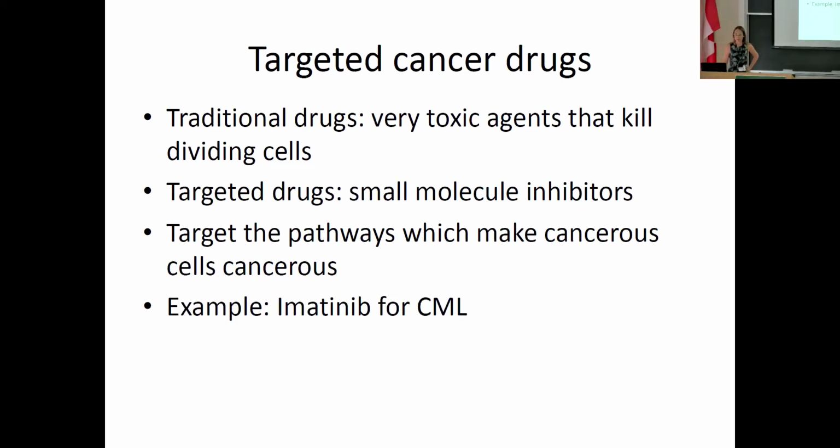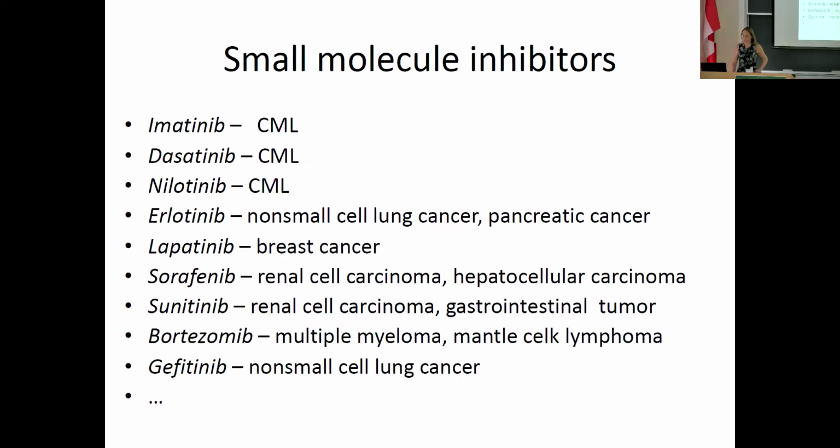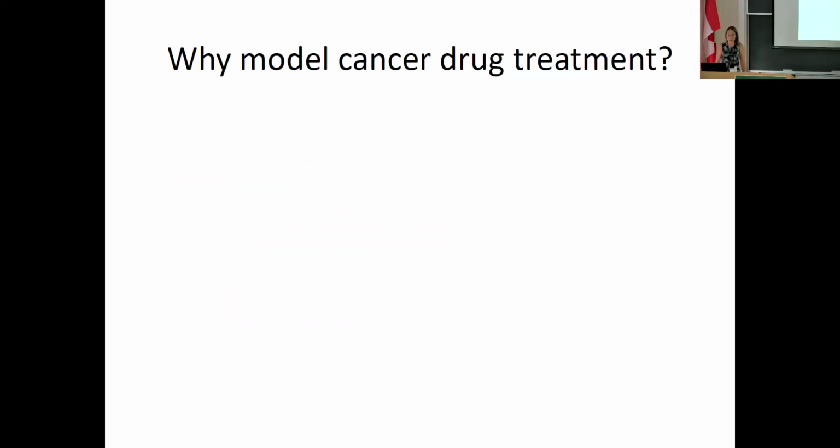The first example is the drug called imatinib that was targeted for CML. CML is a leukemia, and I'll tell you much more about it. After imatinib, they invented a whole lot of different such drugs, which are used both for CML and other cancers, but it all kind of started with leukemias.